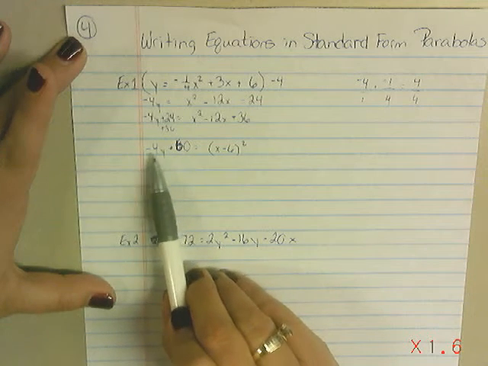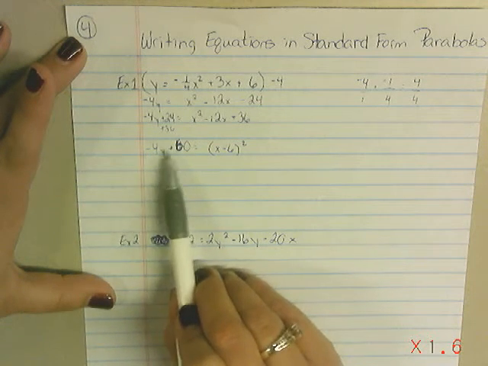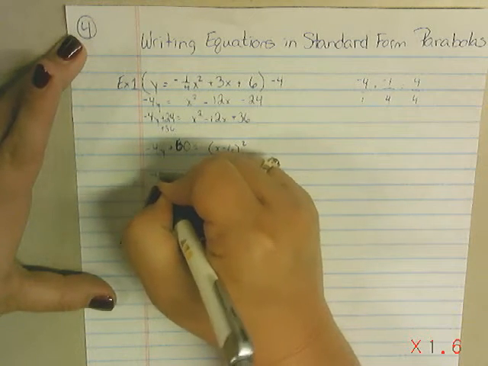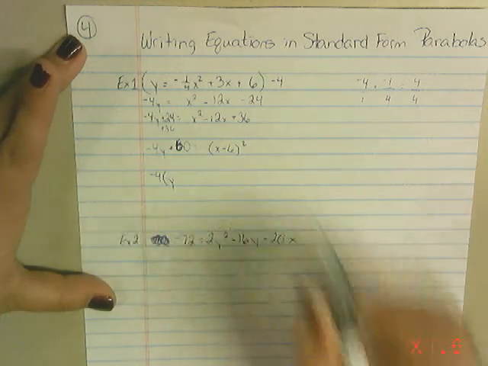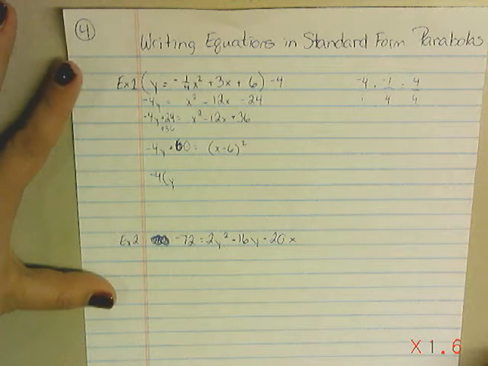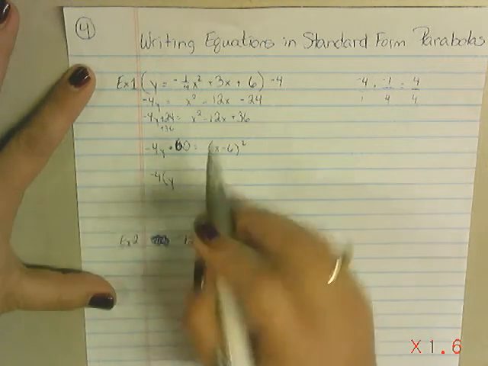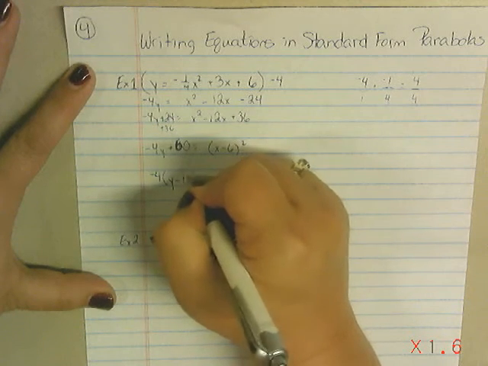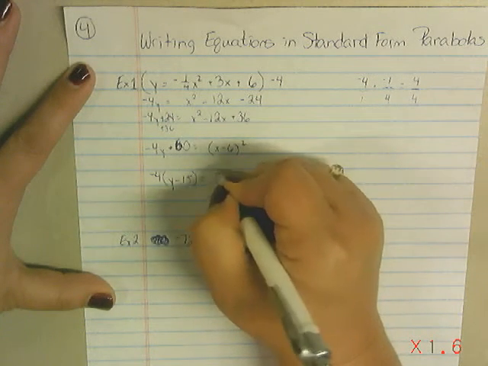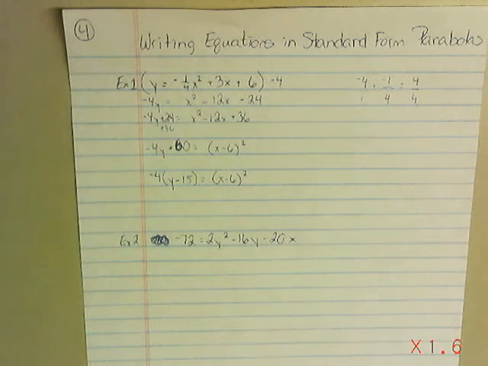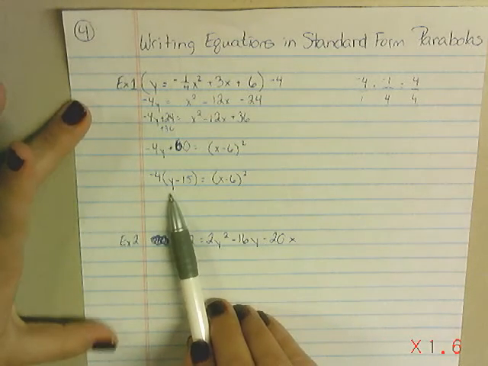So the way that we're going to get that parenthesis is we're going to pull this -4 out as a GCF. So if I pull that -4 out front so that I'm left with just my regular 1y, which is what I always like, 60 divided by -4 is -15, equals x minus 6 quantity squared. That's what we're used to with a parabola.